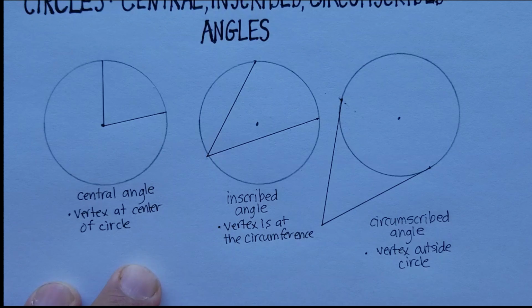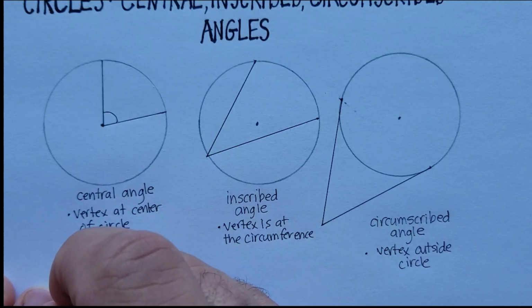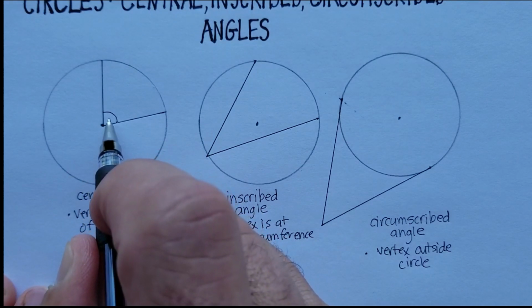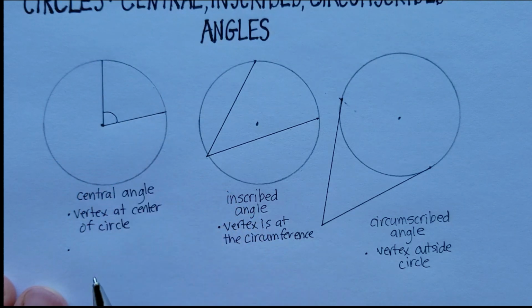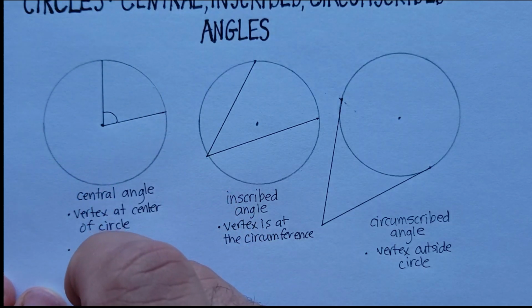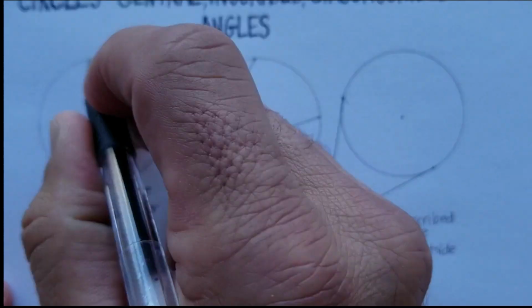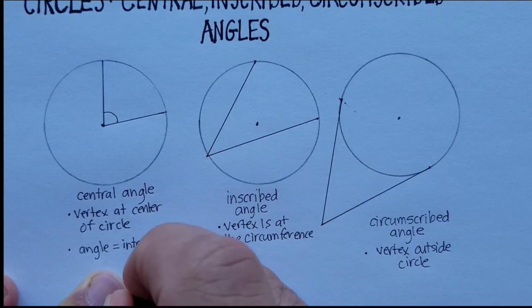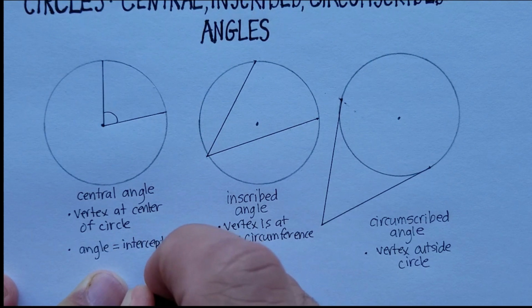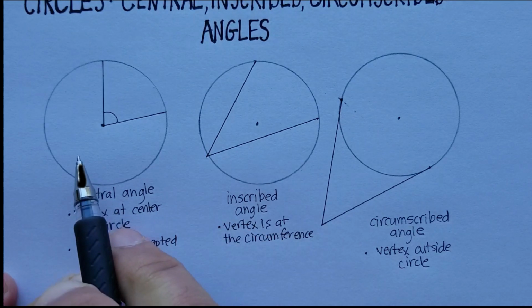And because of that, they each have different characteristics on how you would calculate them. So, for example, in a central angle, like right here, the number of degrees here would be equal to the number of degrees of the arc. The angle is equal to what they call an intercepted arc, and that's just for a central angle only.